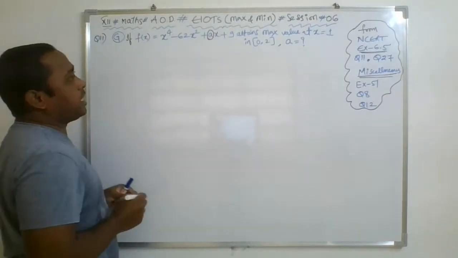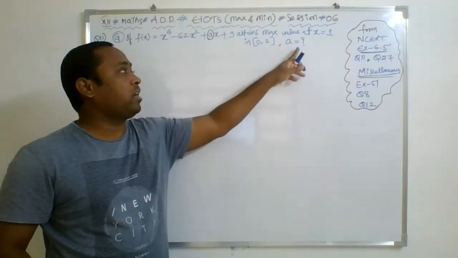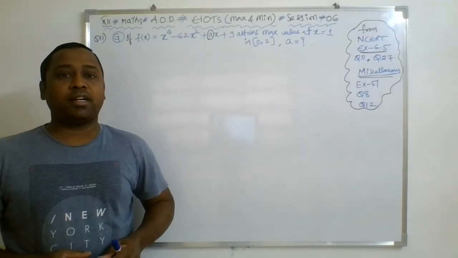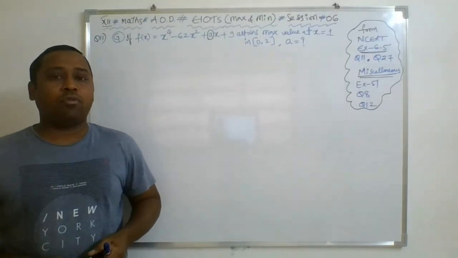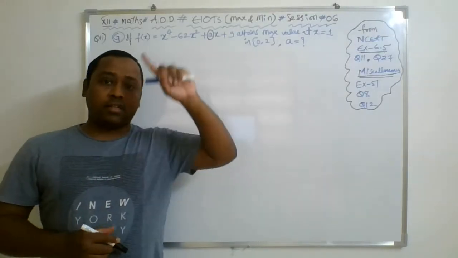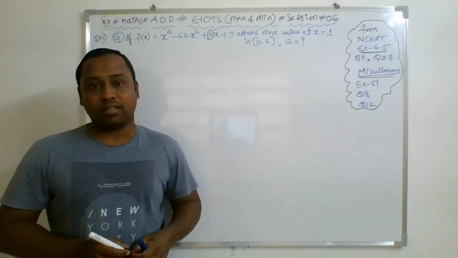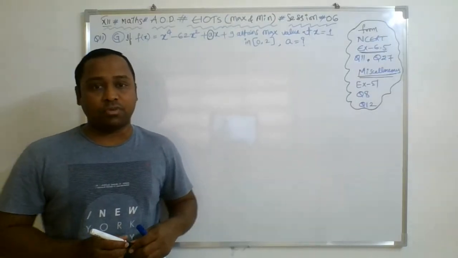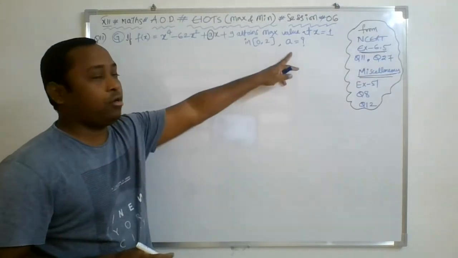You know, when a function attains the maximum value or minimum value, by default it means that is the highest point of the graph where the tangent is parallel to the x-axis. It means at that particular point the derivative of the function is equal to 0. So we are going to use that concept to find the value of a.